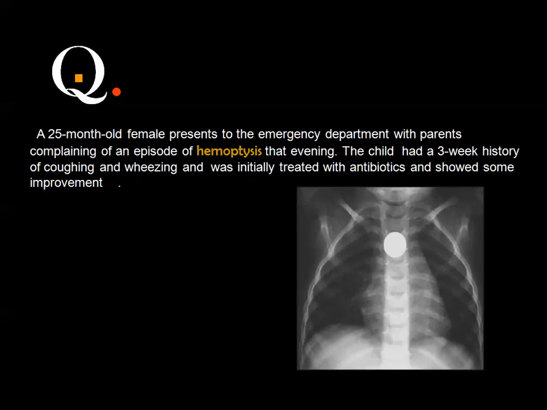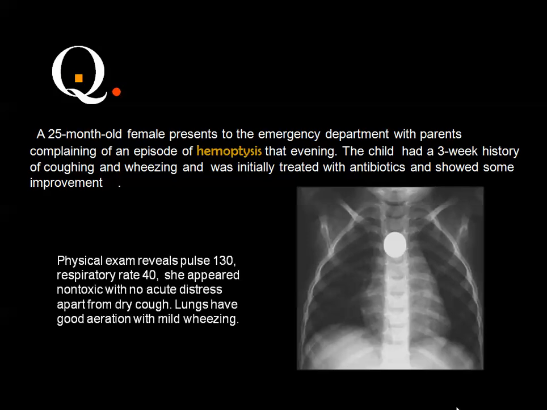Then what do you think about this chest X-ray? This is a female child, 25 months old, presented to the emergency department with an attack of hemoptysis. The child has a 3-week history of coughing and wheezes and was initially treated with antibiotics and showed some improvement.